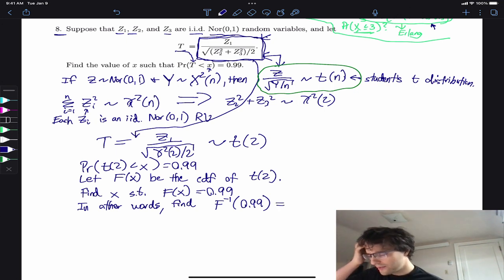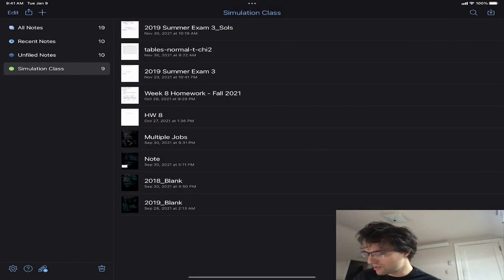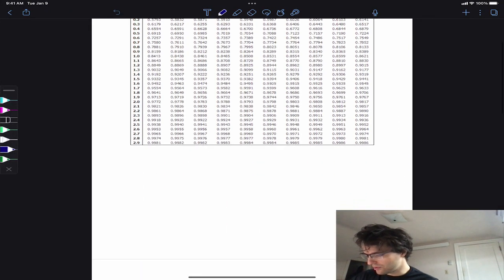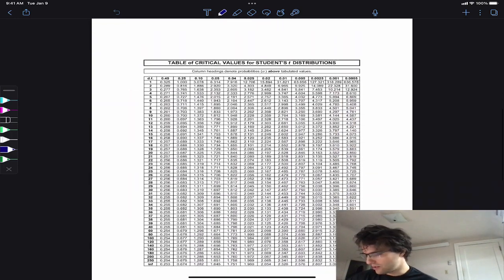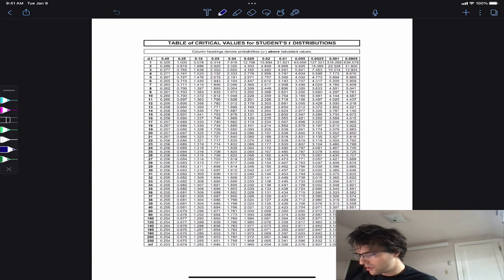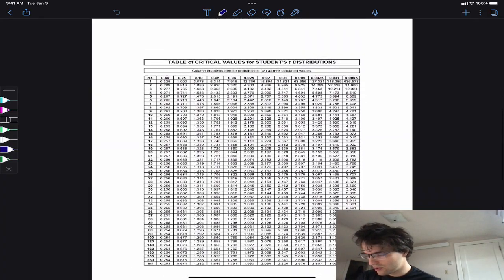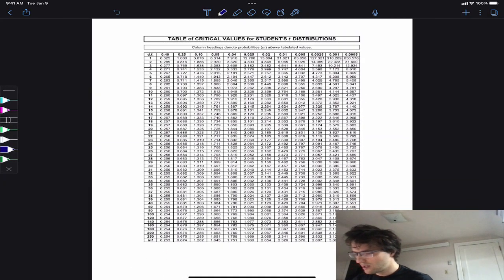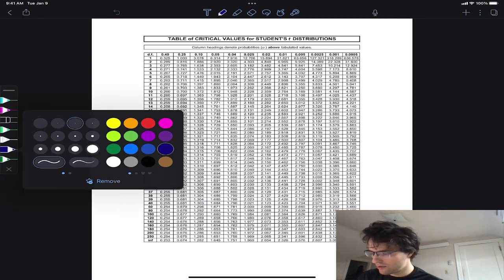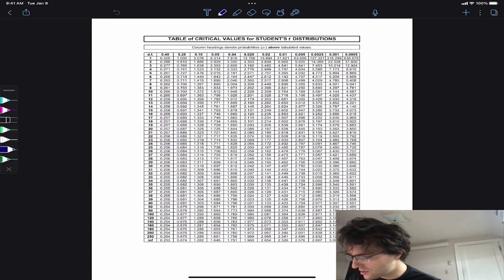So how do we go about doing that? This is where we use our nice tables, which are provided with each exam. The one we're interested in is the student's t-distribution table. Recall that our distribution has 2 degrees of freedom, because it's a T of 2.